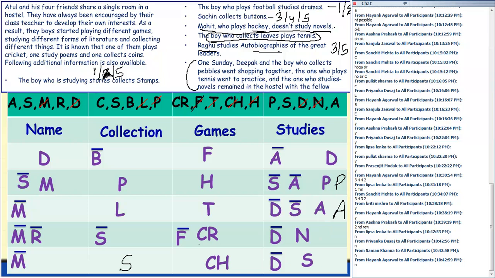Now once we have completed the studies, you'll get a lot of answers here. Raghu studies autobiography of the great leader. So this must be Raghu. So this must be Sachin. Sachin collects the stamp. PLS. अब दो आइटम्स और बच गए कलेक्शन के जो मुझे फिक्स करने हैं. मोहित. कलेक्शन से PLS की पोजीशन फिक्स हो गई. ये C and B has been left out. वो कहां से आएगा. एक मिनट.